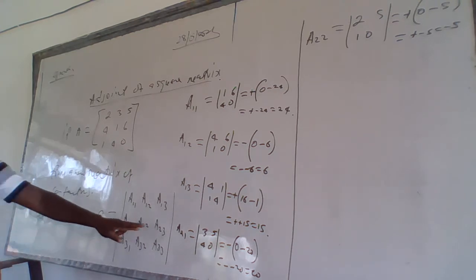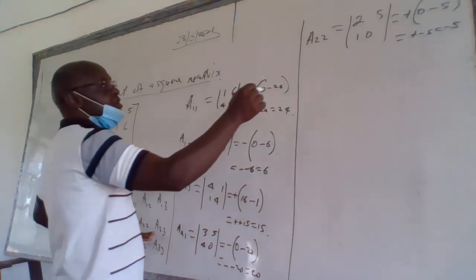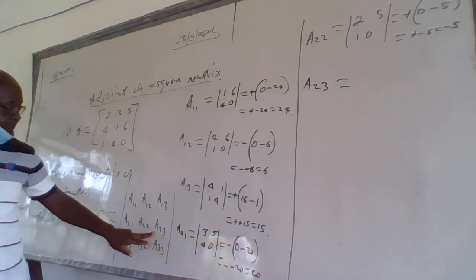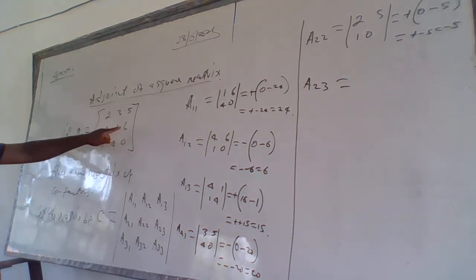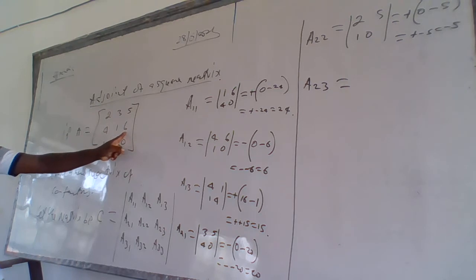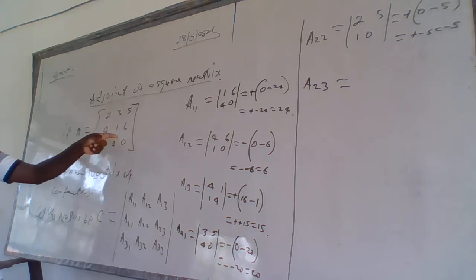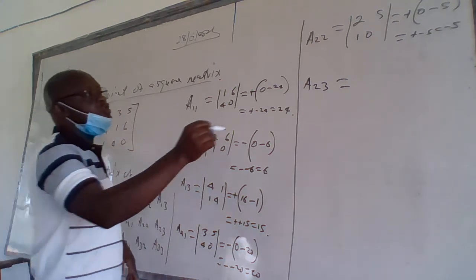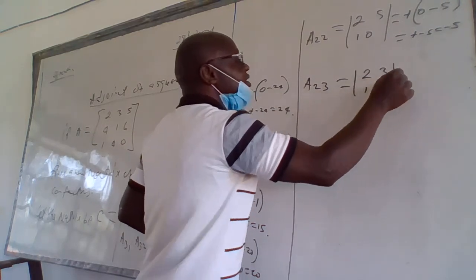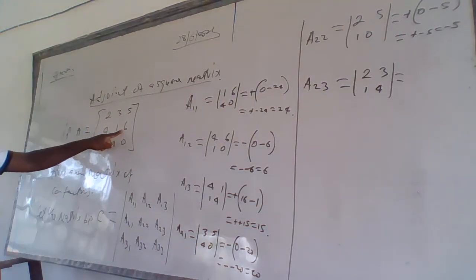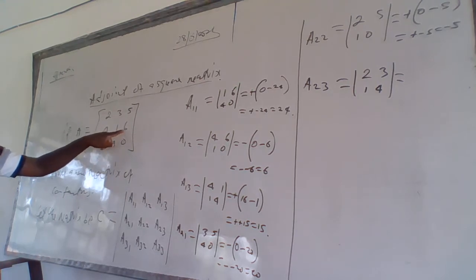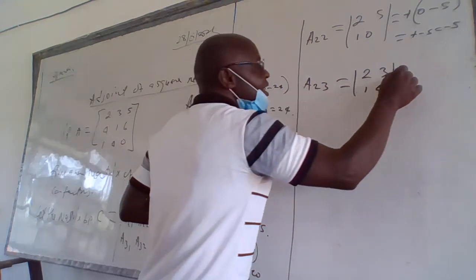Then we move on to A23. A23 is 6. What are the minor for 6? 2314. The place sign positive, negative, positive, negative. So it's negative, so it is minus.